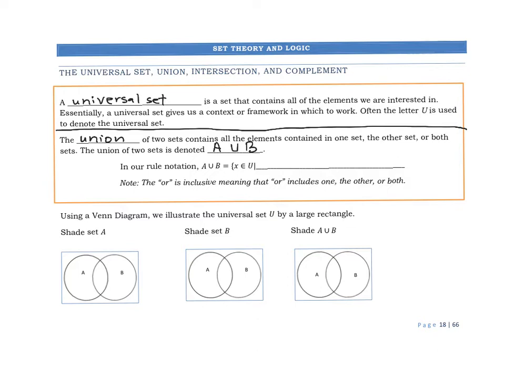X is an element of the universal set such that X is an element of A, or X is an element of B, or both. Okay, so we are going to associate "or" with union. In this case, the "or" is inclusive, meaning that "or" includes one, the other, or both.